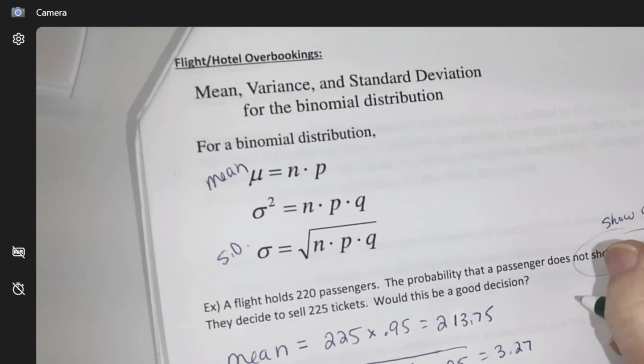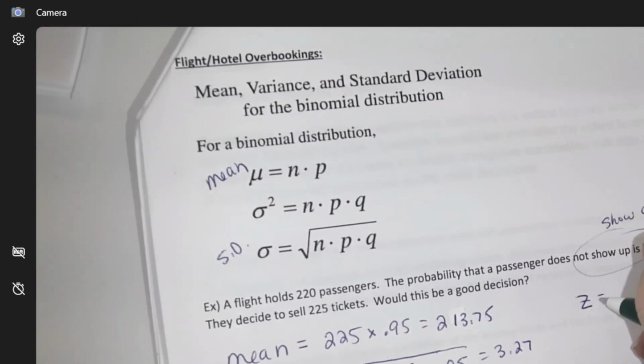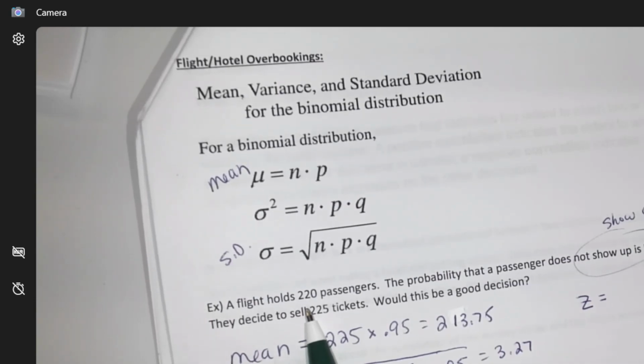Okay, so here we go. We're going to go to Z scores. Here's what we are thinking about. If we hold 220 passengers, it would be bad if we had more than that, right? That's the problem.